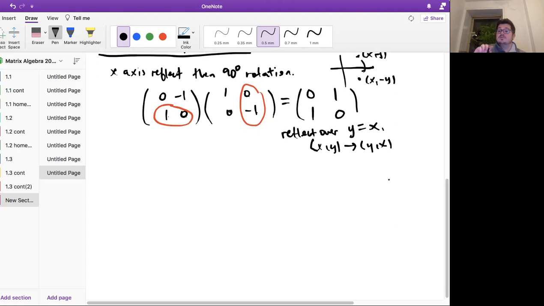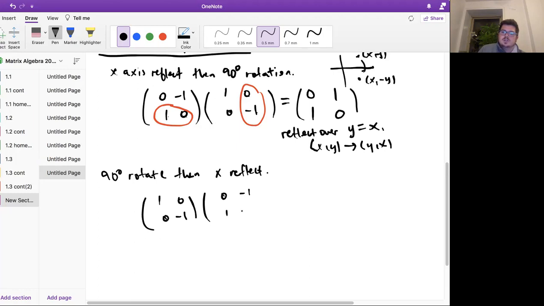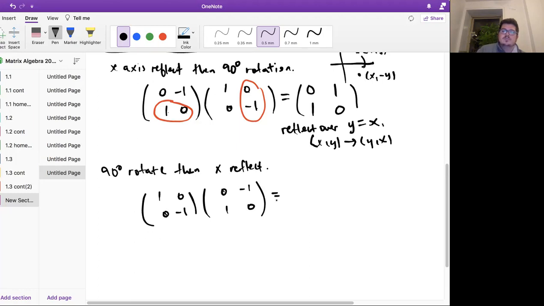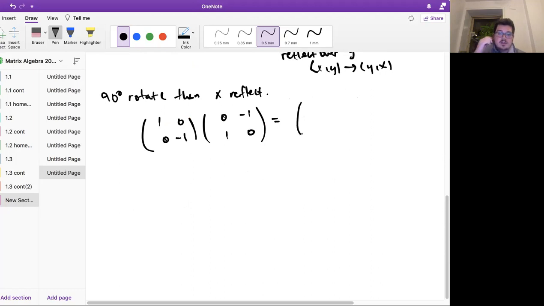So now let's do the opposite composition. It's 90-degree rotate, then x reflect. So that's 1, 0, 0, negative 1, times 0, negative 1, 1, 0. Okay, so let's do it again. What do we get for the first entry? Right, 1 times 0, plus 0 times 1 is 0.